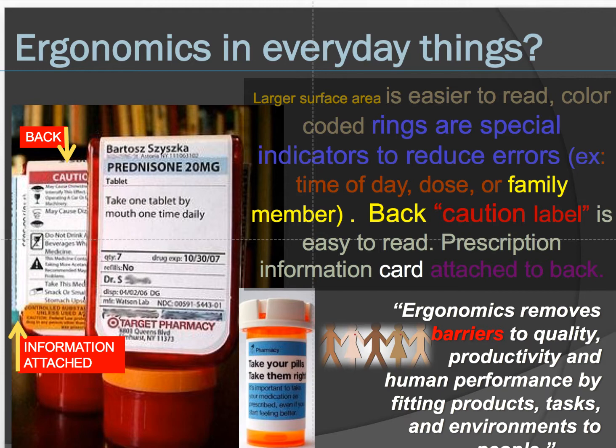So some more ergonomics of everyday things. This is a pretty neat example. There was a graduate student who had a grandmother and a grandfather with similar last names. One was Henry and one was Henrietta. And by accident, the grandfather took the grandmother's diabetes prescription. The names looked similar.